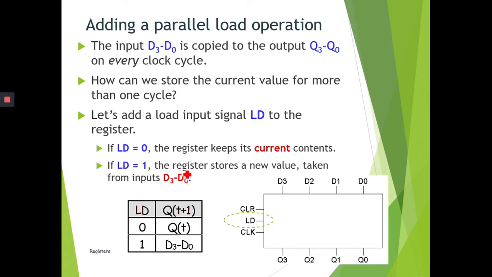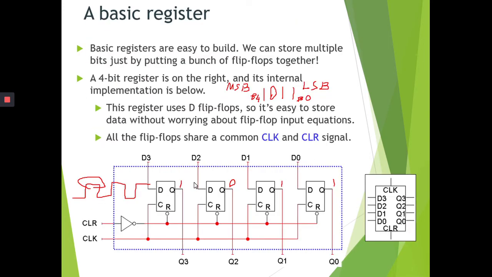But if LD is equal to 1, the register will store a new value. Look at the example here. Let's say you have another signal, the next signal that you feed in, let's say 0, 0, 1, 1. Whenever LD is equal to 1, you're going to replace the value here.